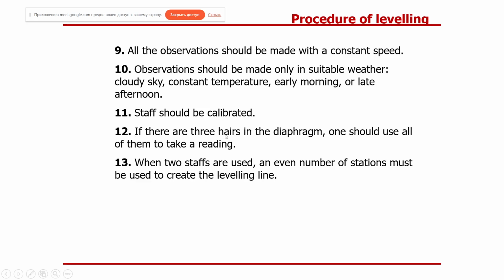If there are 3 hairs in the diaphragm, one should use all of them to take the reading. So we use only one hair line in the diaphragm. When two staffs are used, an even number of stations must be used to create the leveling line.